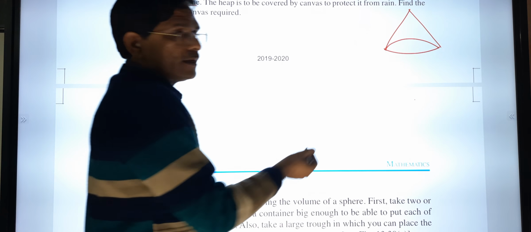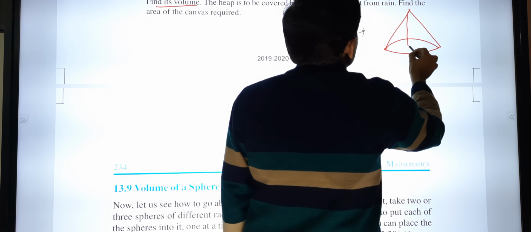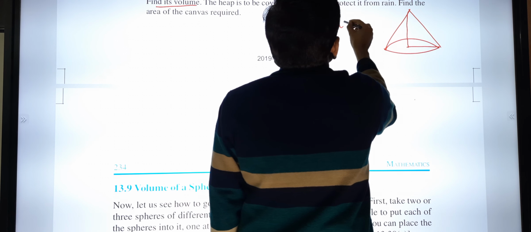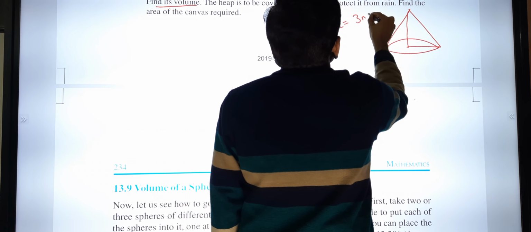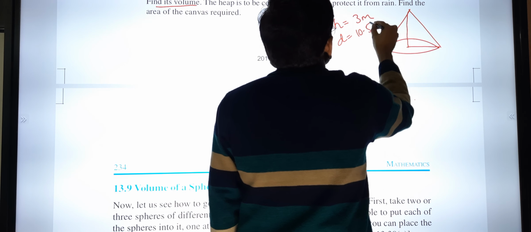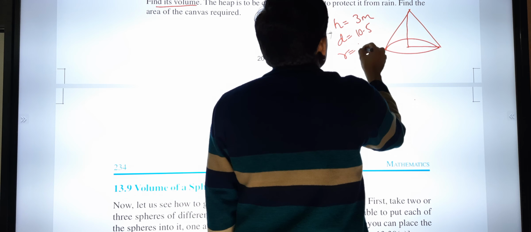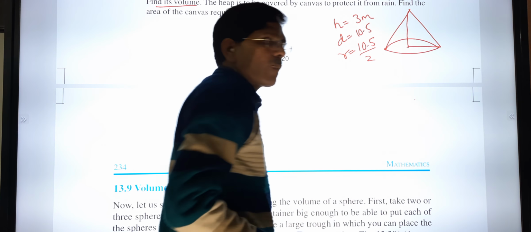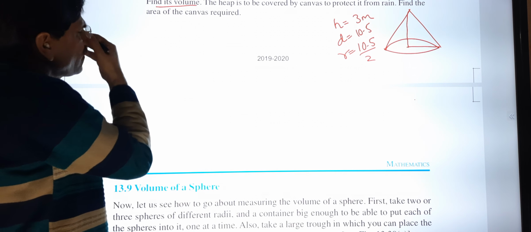And diameter and height is given. So here it is height and we can say radius. So h is equal to 3 meter and diameter is equal to 10.5. So radius we can say 10.5 by 2. That way we have to write. Now find volume.